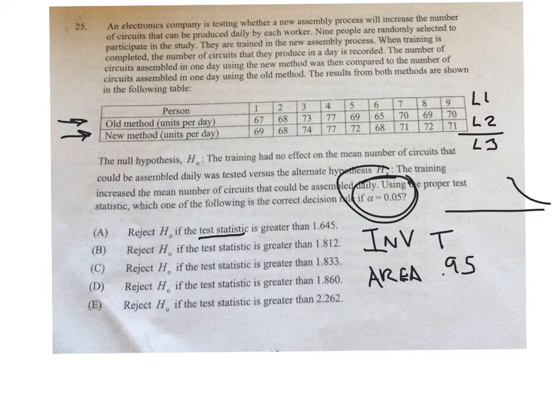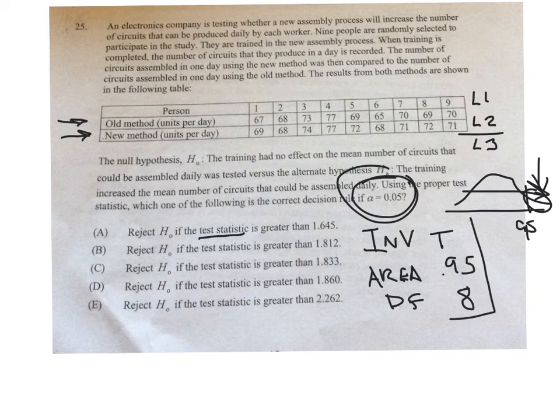Remember, it kind of looks like this, and we would be there. This is at our 95%. This is our alpha level of 0.05. So what number gets us into this area there? And then the degrees of freedom is 8 because there were 9 people participating.